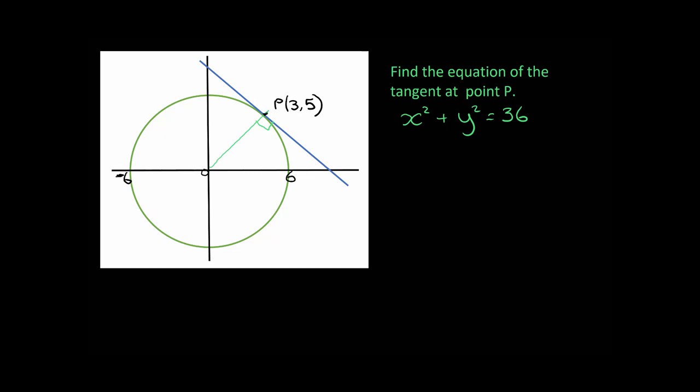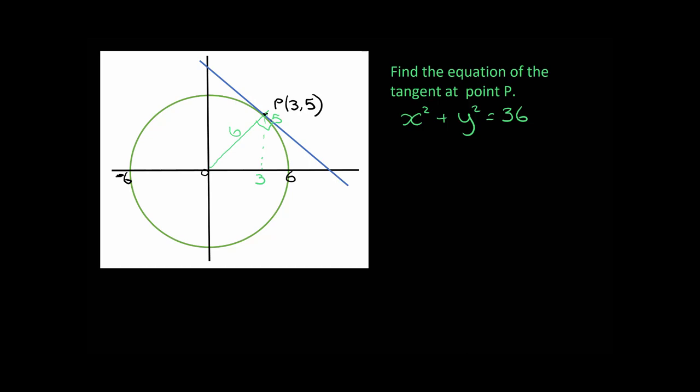So if we can find the gradient of the first line, the green line, then we can find the gradient of the blue line. And once we've got the gradient and a point, we can find its equation, which is what they're after. Drop this down here because P is 3 and that is 5.